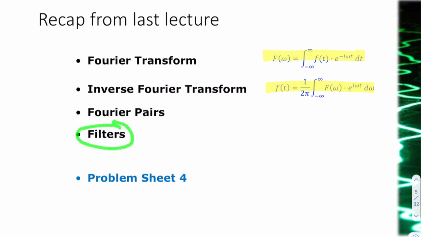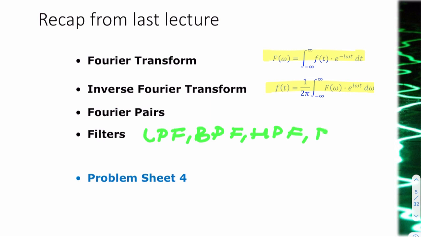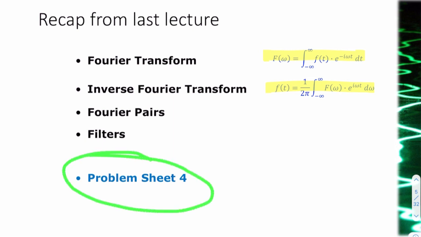And we introduced the idea of filters, and we said the basic filters are a low pass filter, band pass filter, high pass filter, and band stop filter or notch filters. And we introduced what ideal versions of these look like, and we looked at problem sheet 4 together. And there's a whole collection of pencasts to support the questions in problem sheet 4.